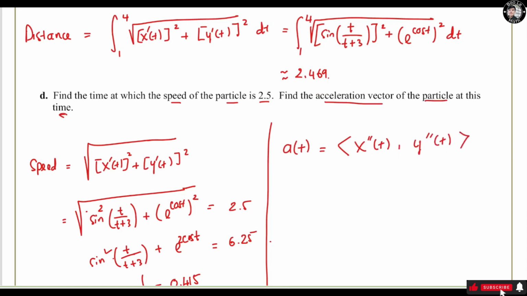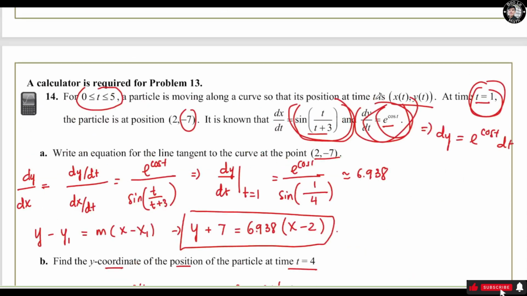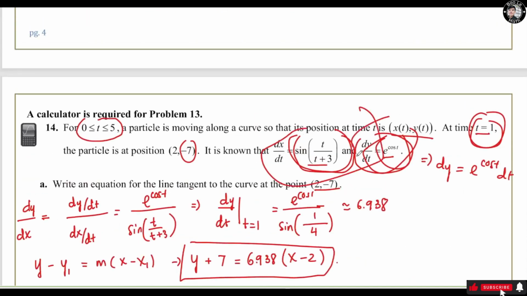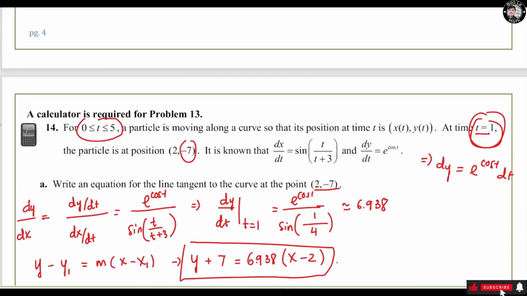So basically we need to take the derivative of this guy right here, right? Since we are allowed to use the calculator, I just store this function as u of t and this one as v of t, right? And then I'm going to take the derivative of this one, right?